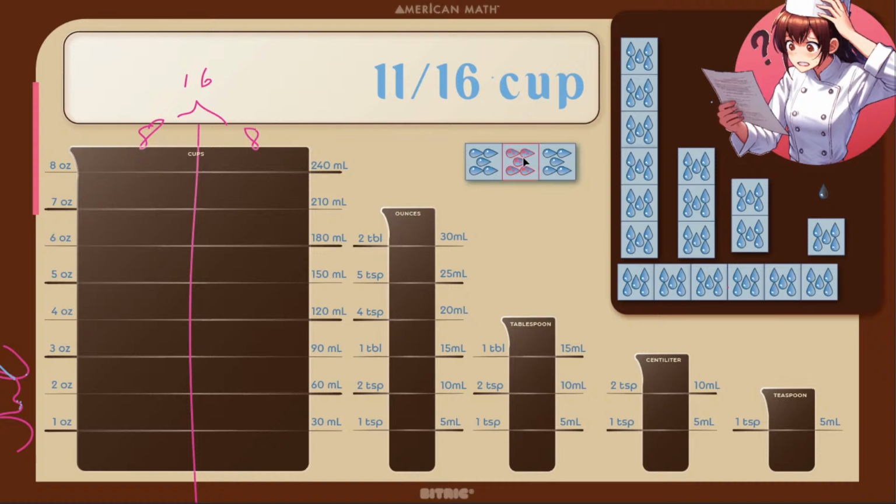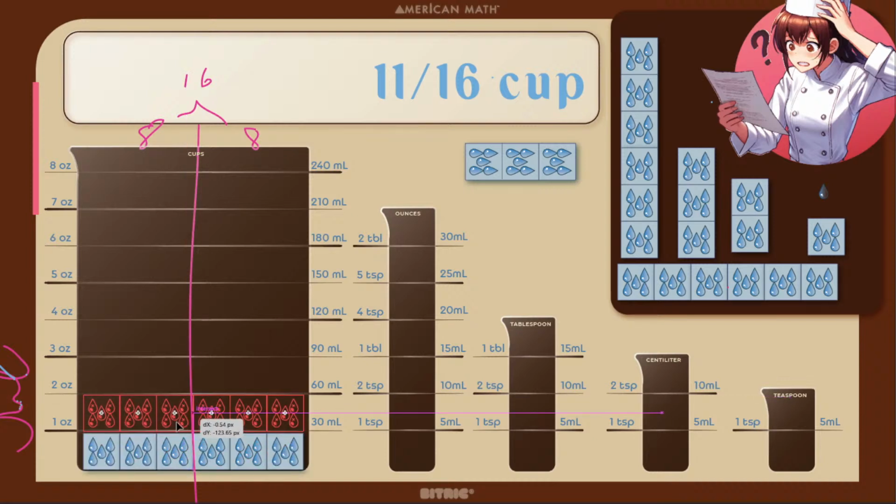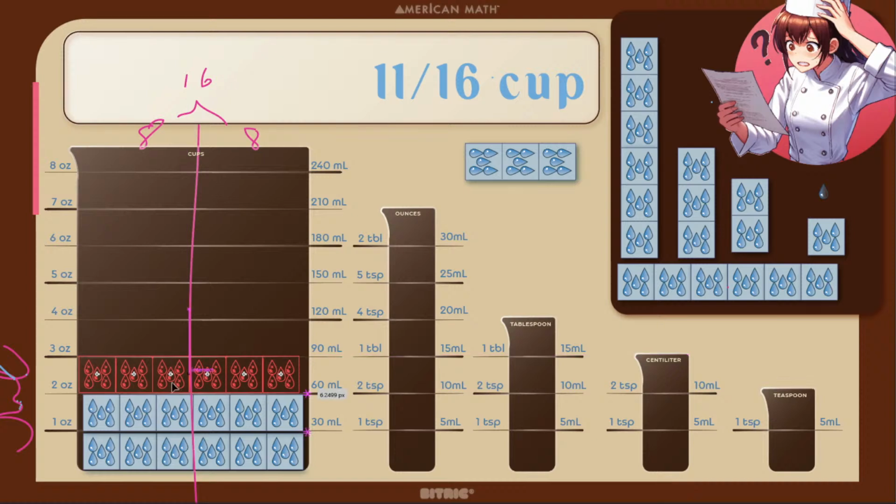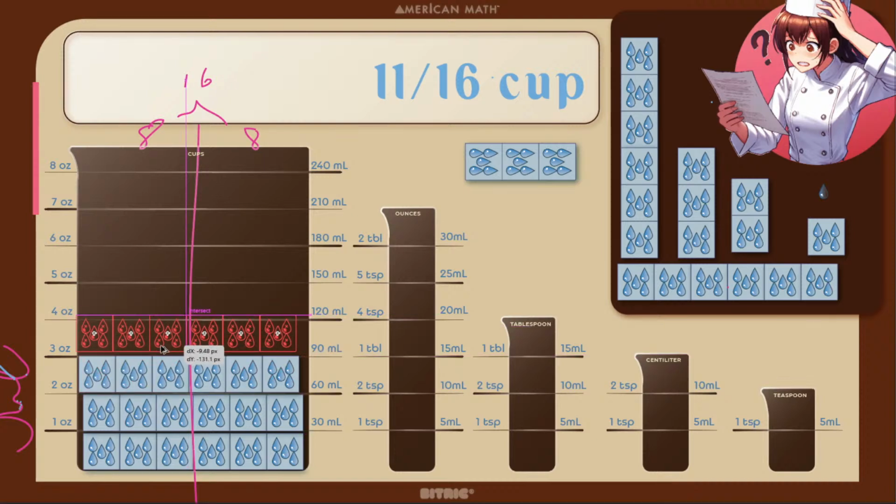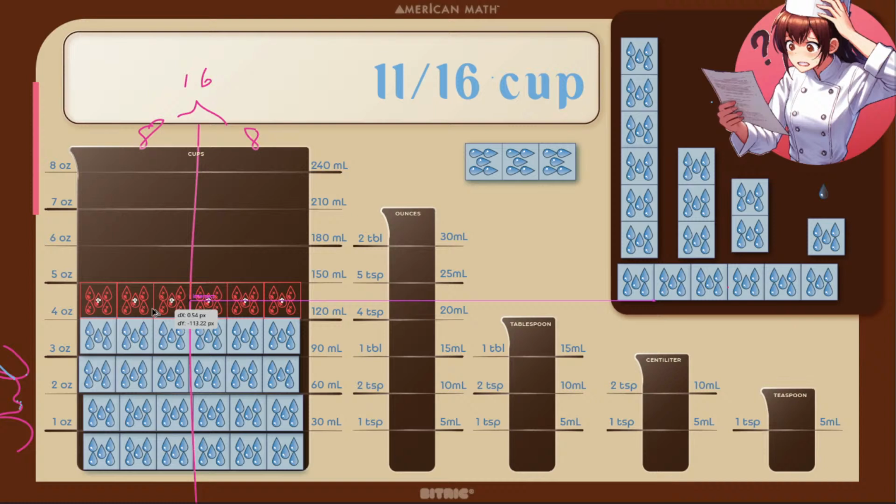Right, I'm gonna stack this up a little more realistically now. So 11/16 of a cup. 1 tablespoon is 1/16. So then an ounce would be 2/16. So knowing that 1 ounce is 2/16, we'll go by twos until we can't anymore. So this would be 2/16, 4/16, 6/16, 8/16, and now we have 10/16, which is 5 ounces.